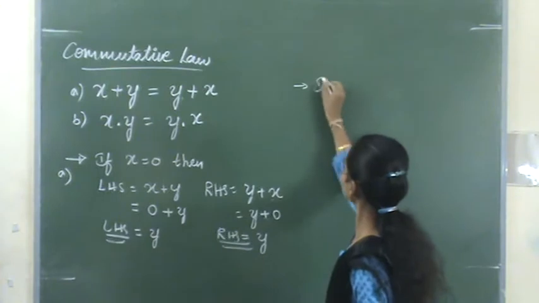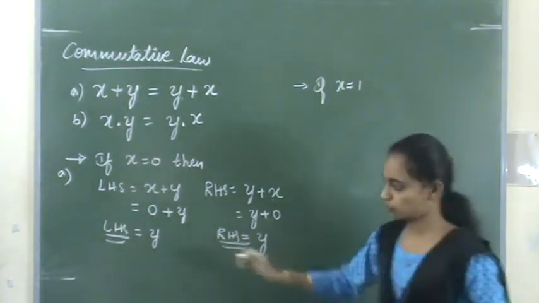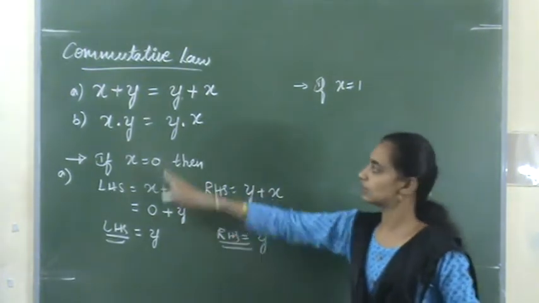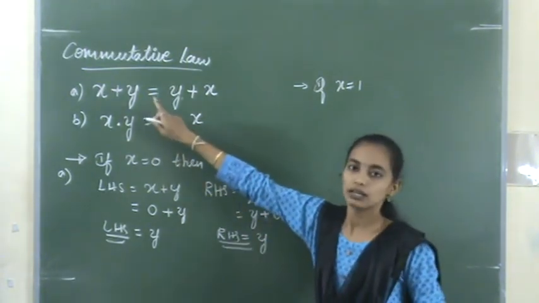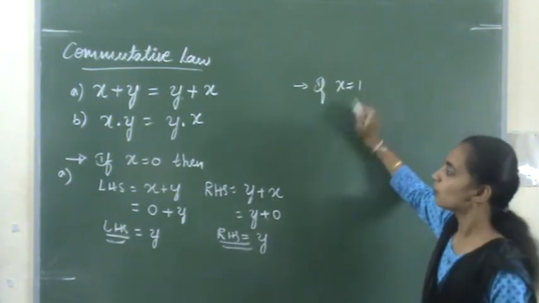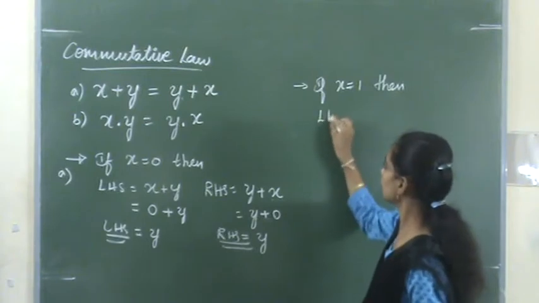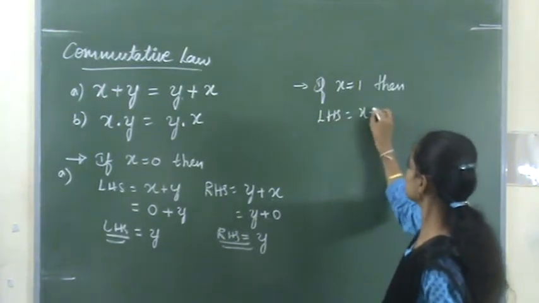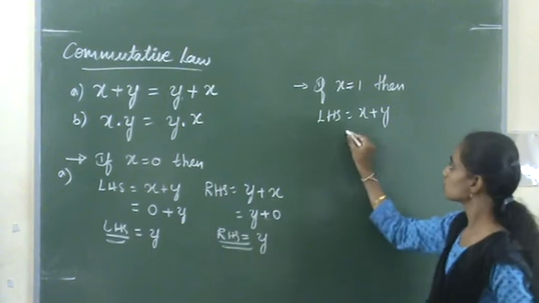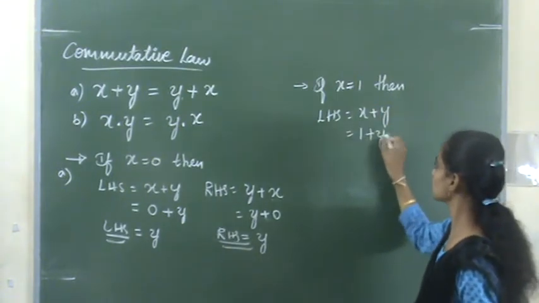Now let us provide x value as 1 for the same theorem. If x is equal to 1, what happens? Taking the LHS, x plus y, where the value of x is 1, we get 1 plus y.